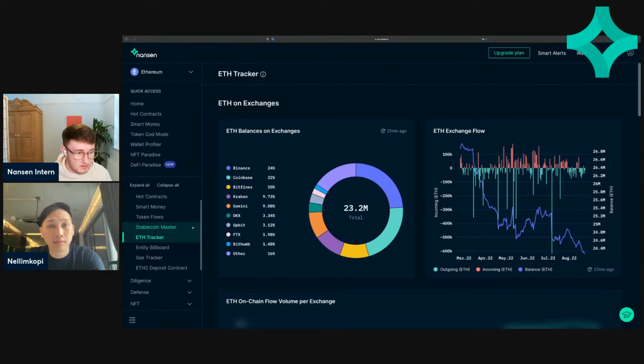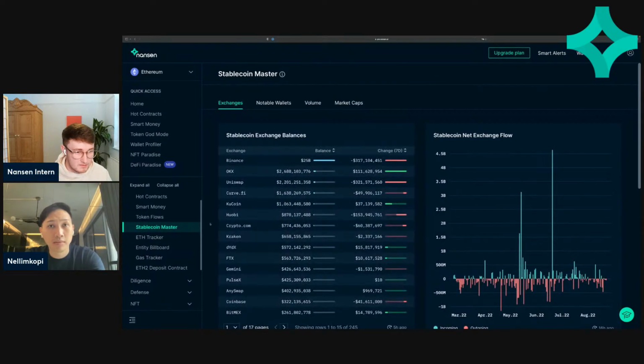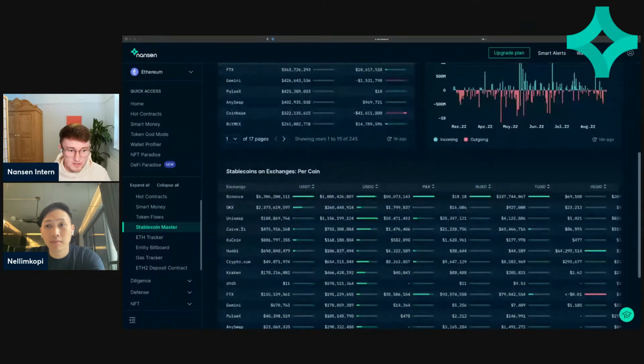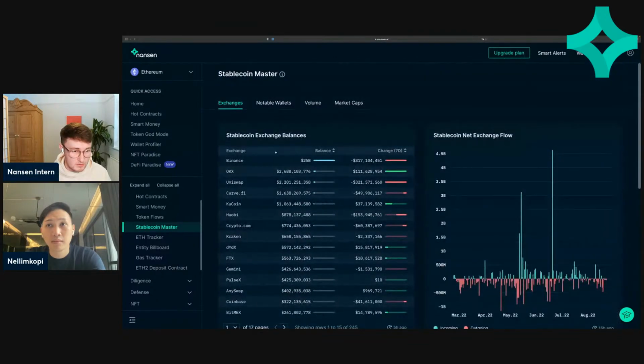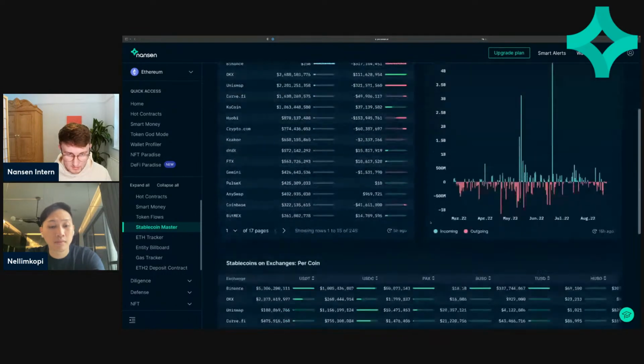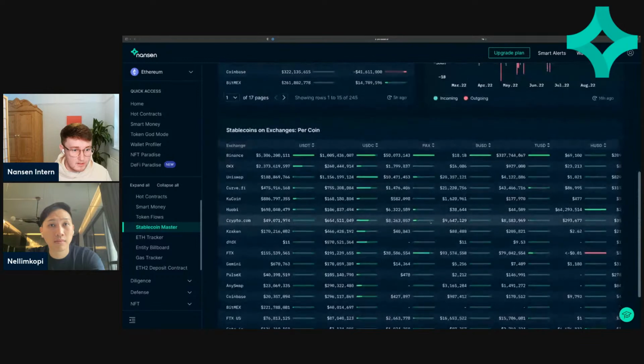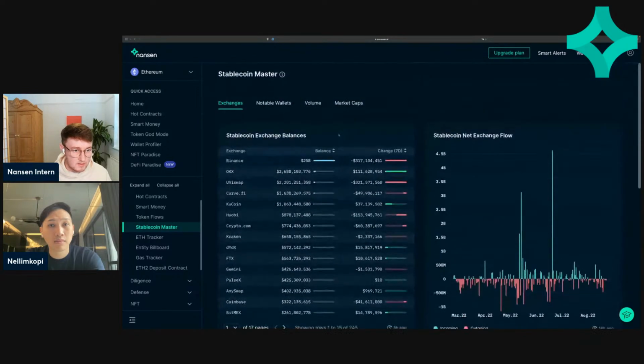And now we're going to look at Stablecoin Master. So here is all the details that you need on all stablecoins. And why that's really useful is, here, for the wallets that we have labeled for exchanges, the balances they've got, net exchange flow, similar to this table here.